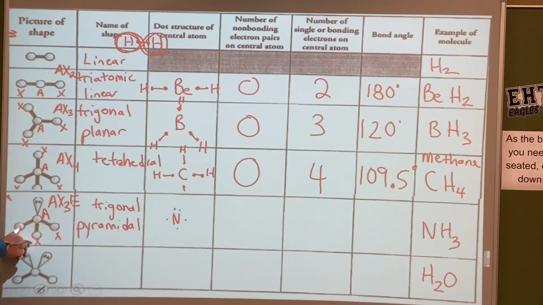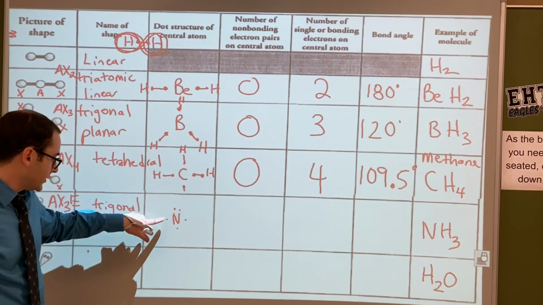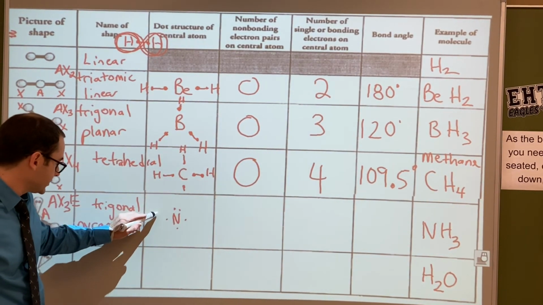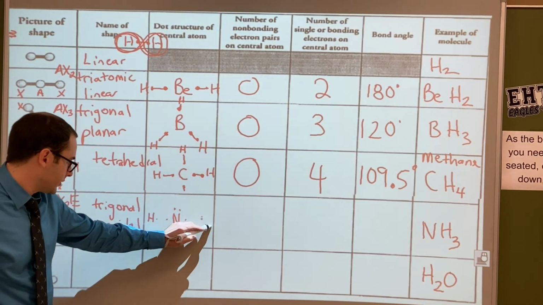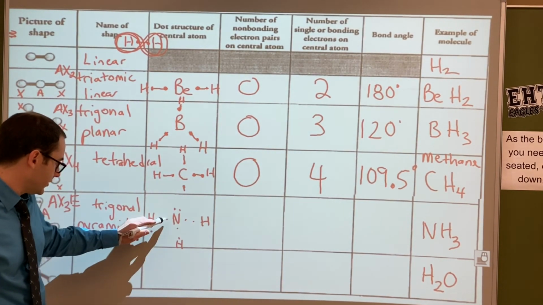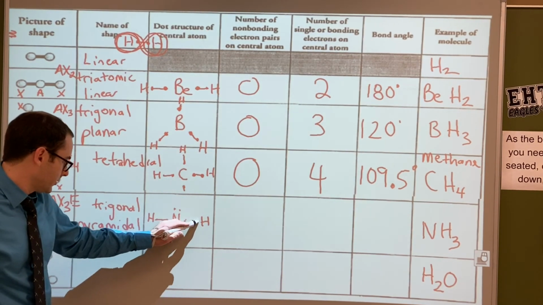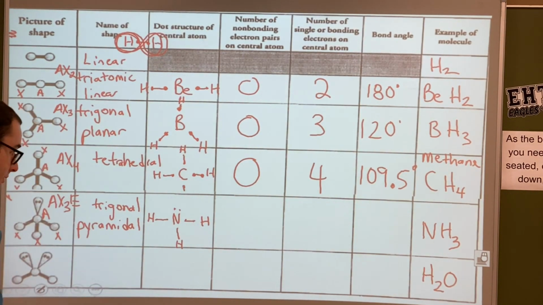All right, and we have 3 X's, right? And we know we have 3 hydrogens. So just like before, the single dots, they get those hydrogens. So we'll get a hydrogen, hydrogen, hydrogen, and then they'll bond together. So we'll get something that looks like this.